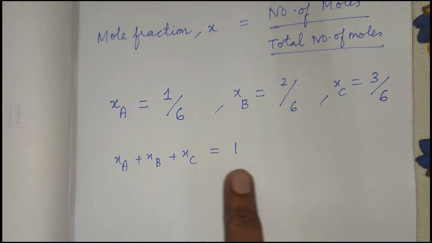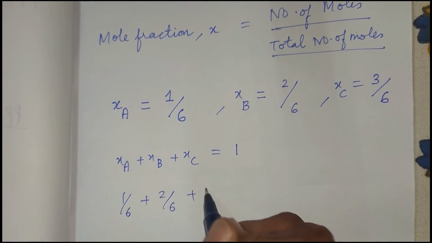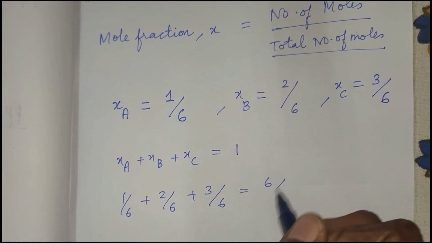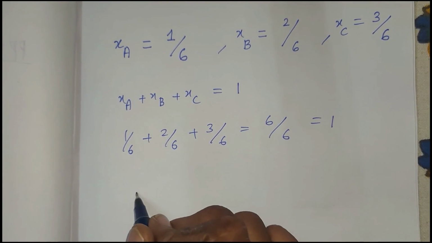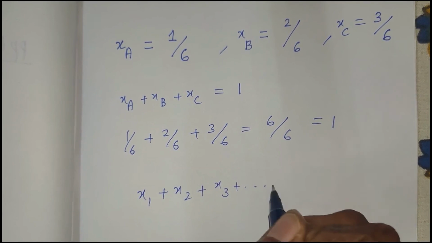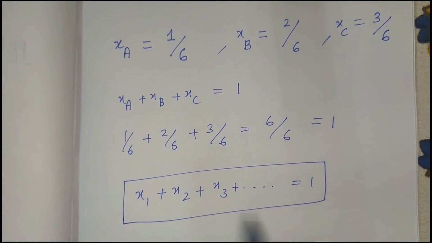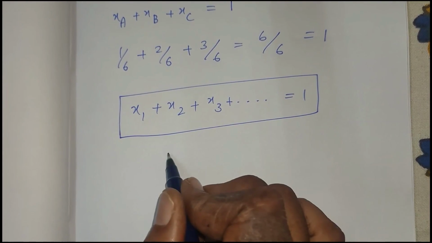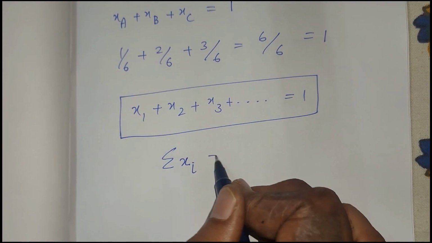So 1 by 6 plus 2 by 6 plus 3 by 6, which is 6 by 6, which is also 1. So what is the formula for that? x1 plus x2 plus x3 plus etc., which is equal to 1. So sum of mole fractions will always be equal to 1, or you can write it like this also: sigma xi is equal to 1.